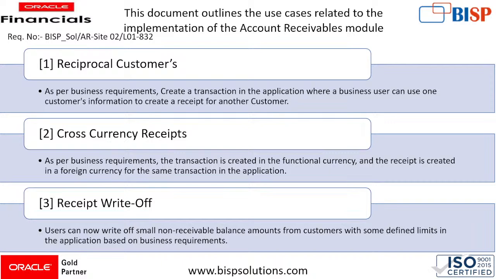For reciprocal customer, as per business requirement, the business user can use one customer's information to create a receipt for another customer. So first case we will take with the reciprocal customer. Let us move to the next slide.